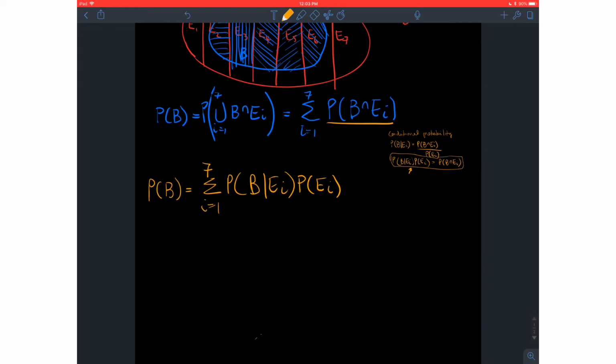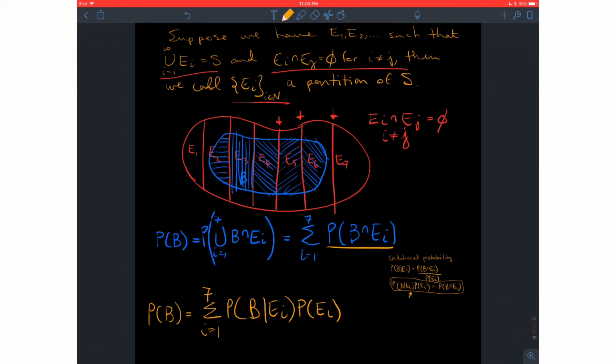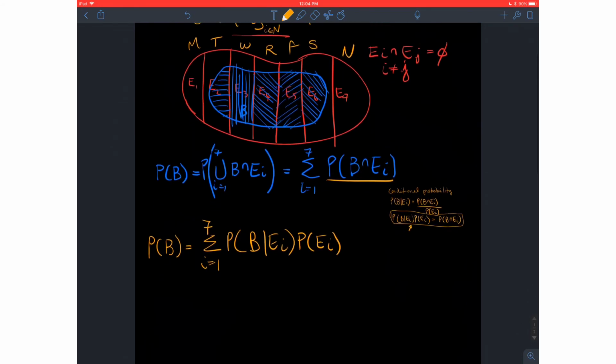Okay, so now let's pretend, so I chose 7 for a reason, because let's pretend that E1 is Monday, and then Tuesday, Wednesday, Thursday, Friday, Saturday, and Sunday. So what does that mean?